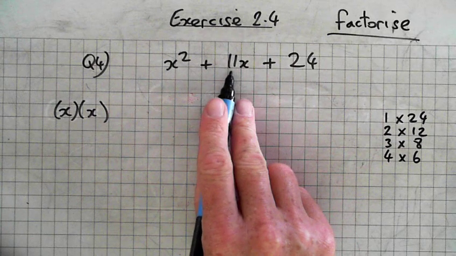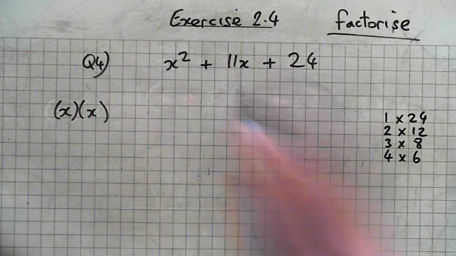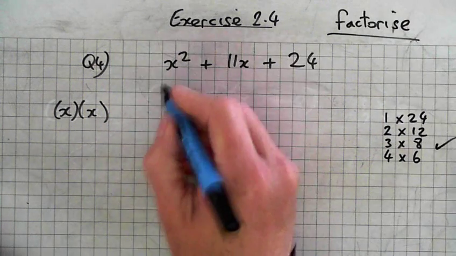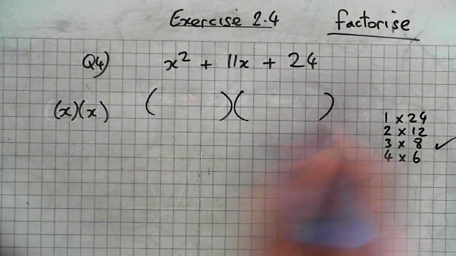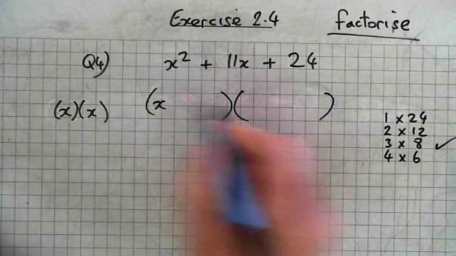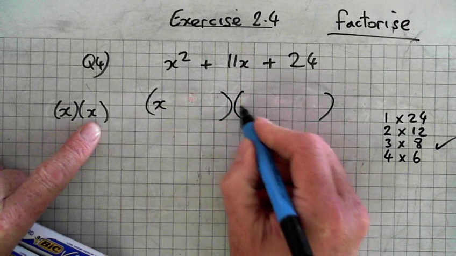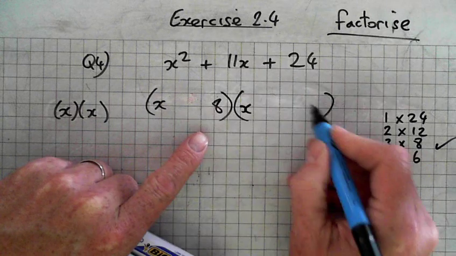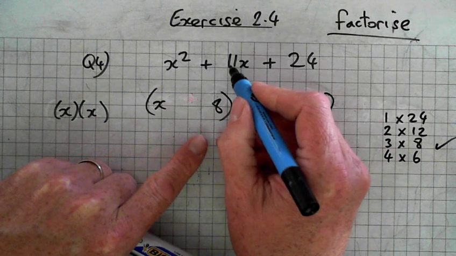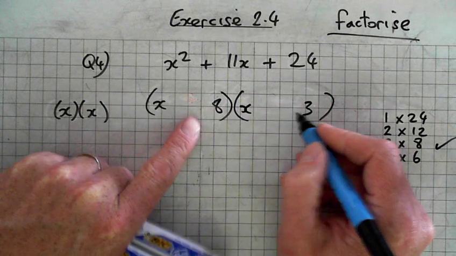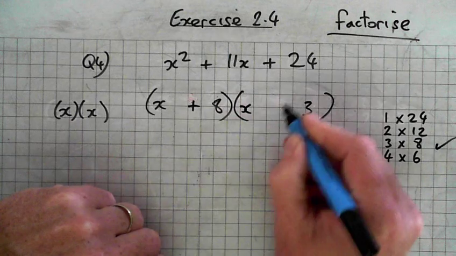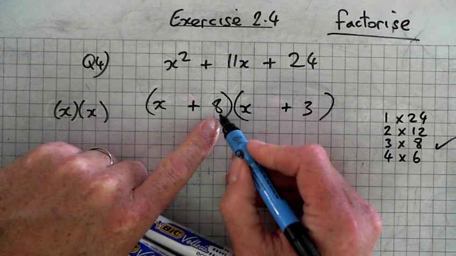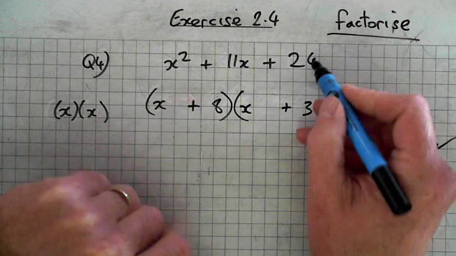Which pair adds up or subtracts to give me 11? 3 and 8. 3 plus 8 is 11. So x goes there, x goes there. We have an 8 and a 3. 8 first, 3 second. How do I get plus 11? Plus 8, plus 3. And when I multiply plus 8 times plus 3, I get 24.